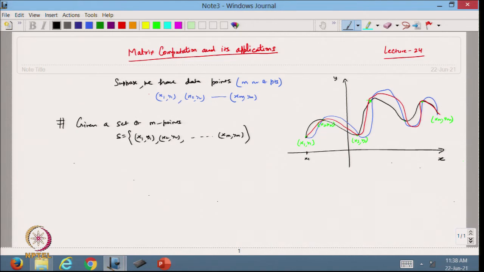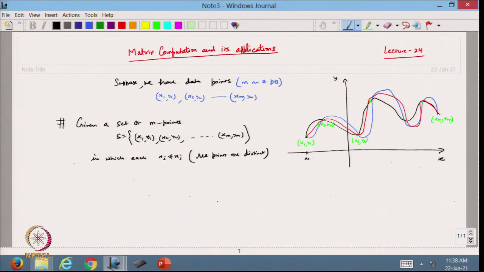So, m number of points are given to me, in which each xi is not equal to xj, meaning all points are distinct.